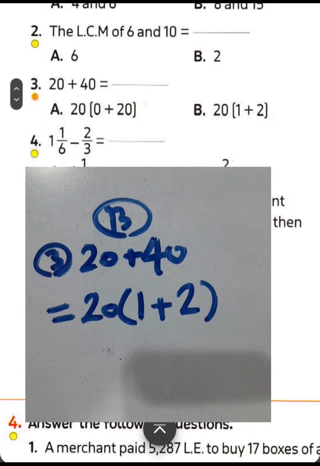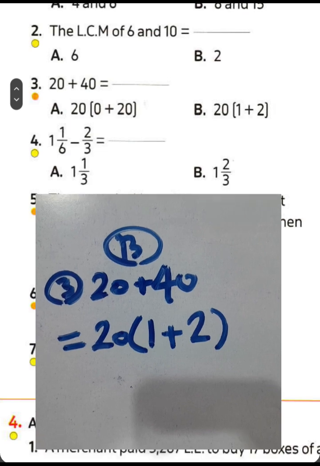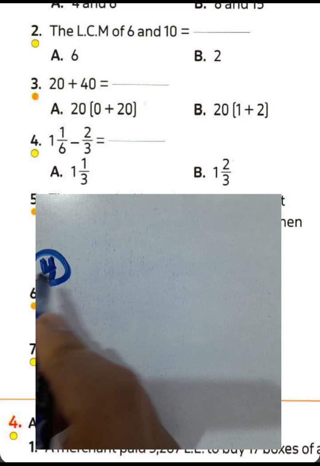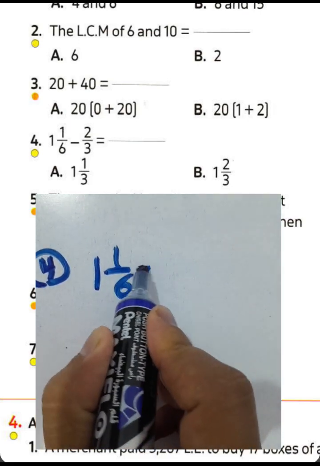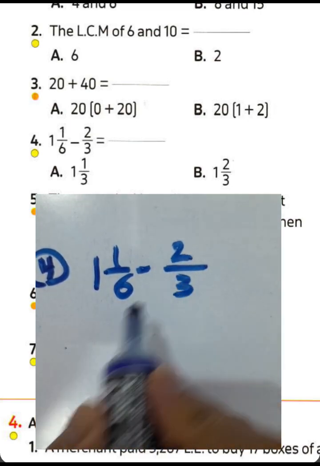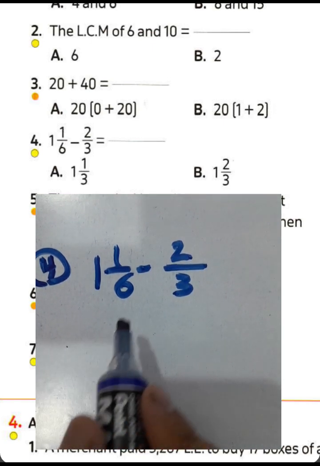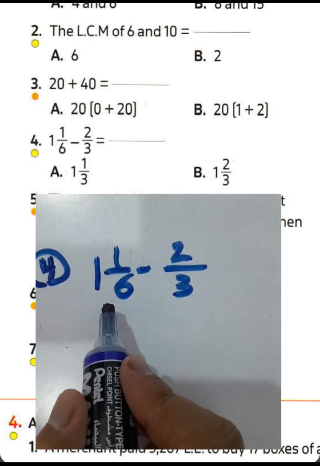Okay, my students? Question number 4. 1 and 1 over 6 subtract 2 over 3. In this example, we can find the difference, but we must convert from mixed number to improper.